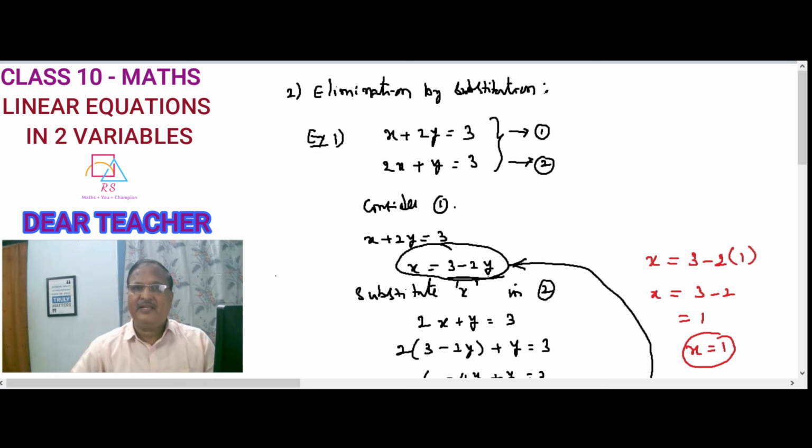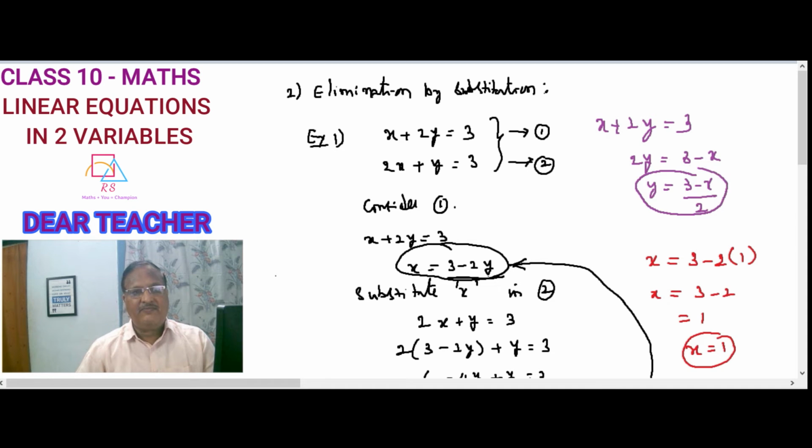Here I have taken x. If I take x, you will not get a fraction. Suppose I take x plus 2y is equal to 3 and want to find the y value. Send 3 minus x to that side, so y is equal to 3 minus x by 2. I have got a fraction here.